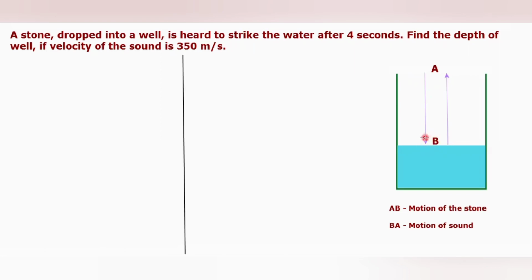When the stone strikes the water at point B, it will create a striking sound. Then the sound will travel in all directions and also in the direction BA, that means in the upward direction, and that striking sound will reach the point A, from where the stone was dropped.